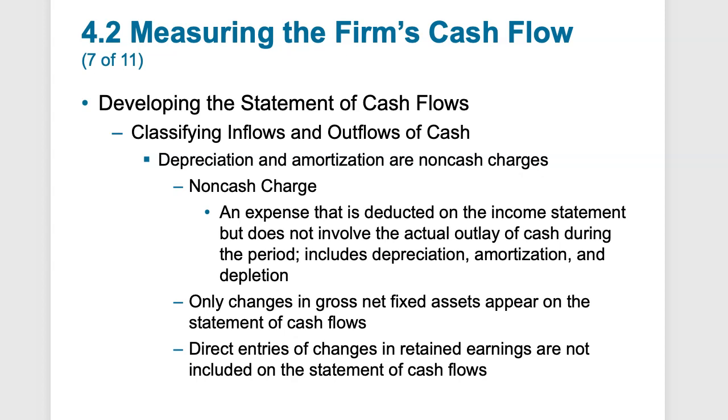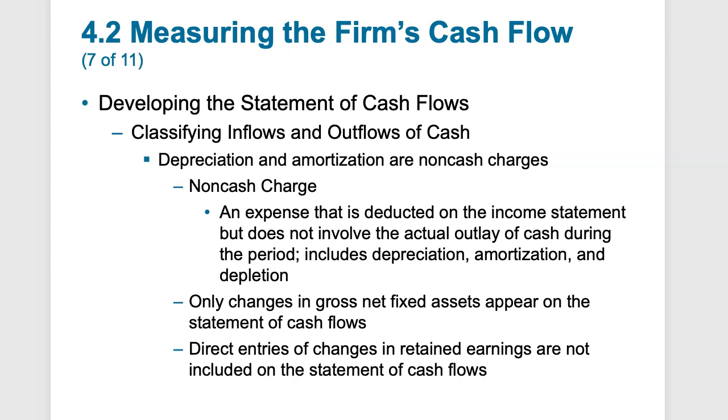So if you see them on a balance sheet, we would list out the fixed assets, and then we would say less accumulated depreciation to get the net fixed assets. And we do that because we don't want to reflect the depreciation twice. So that's why net fixed assets is what's going to appear in the cash flow statement, because we want to make sure that we don't count depreciation twice.